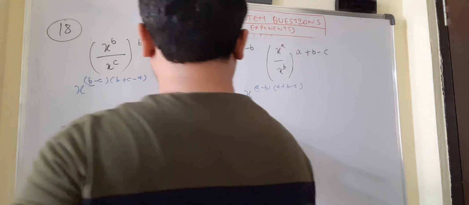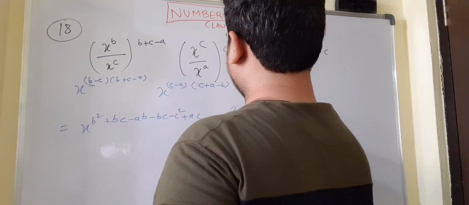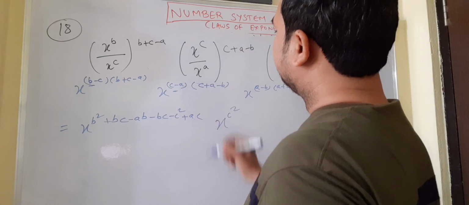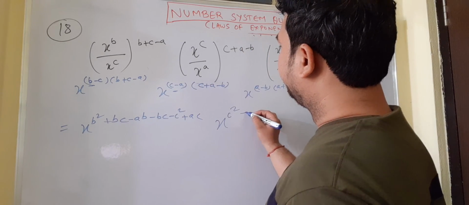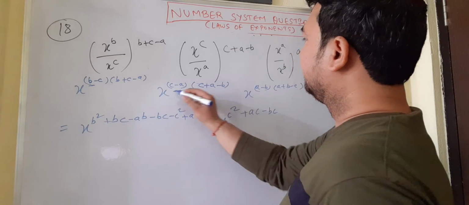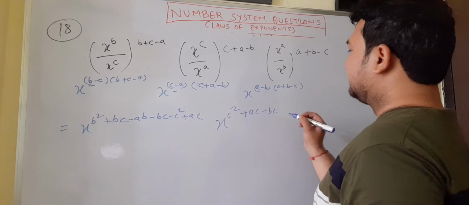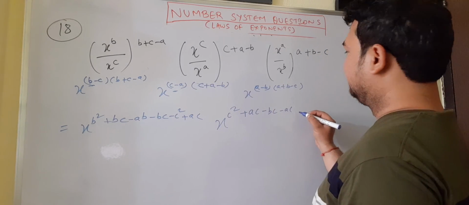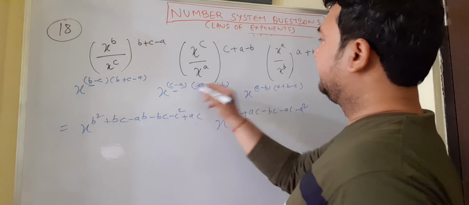Similarly here also x to the power c square, c, first do it with c then with a: c square plus ac minus bc minus ac, minus a square and plus ab.